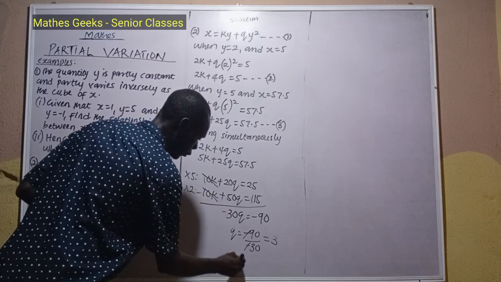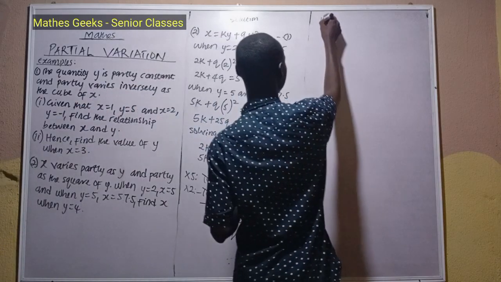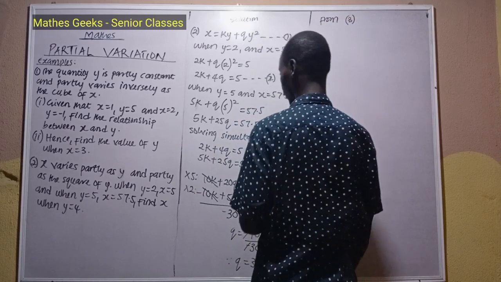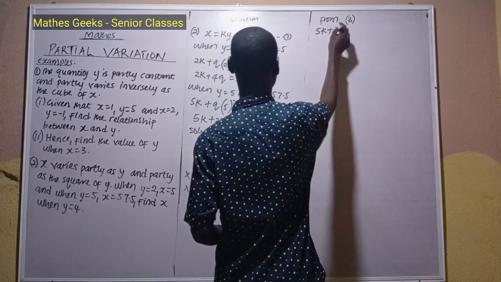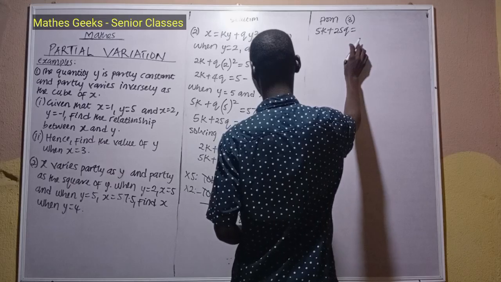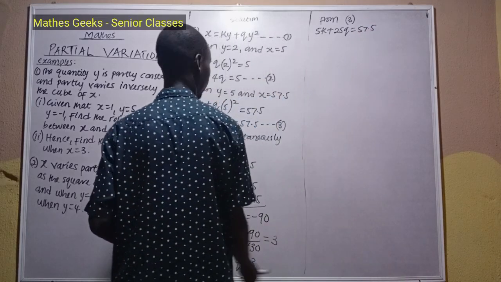So q is equal to 3. From equation 3, 5k plus 25q is equal to 57.5, where q is 3.